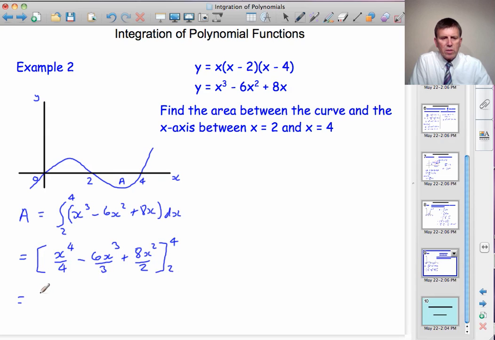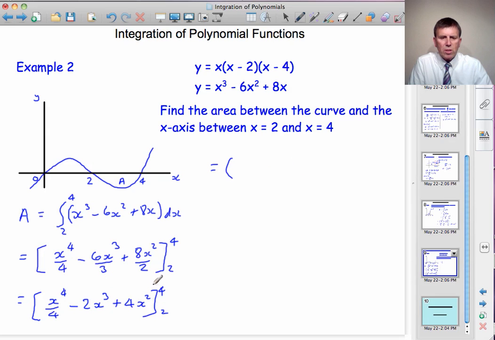Let's simplify two of these terms. We've got x to the 4 over 4. This one simplifies to minus 2x cubed. And this one simplifies to plus 4x squared. And that gives us a bracket minus a bracket.